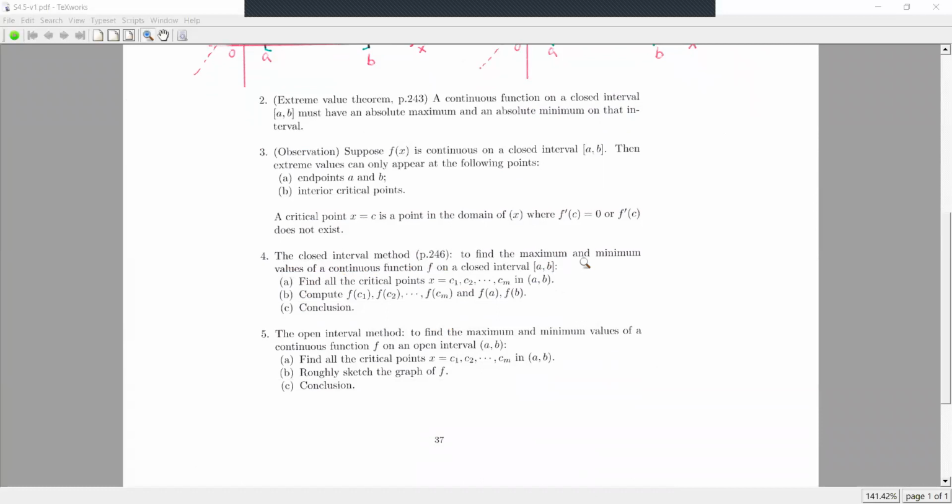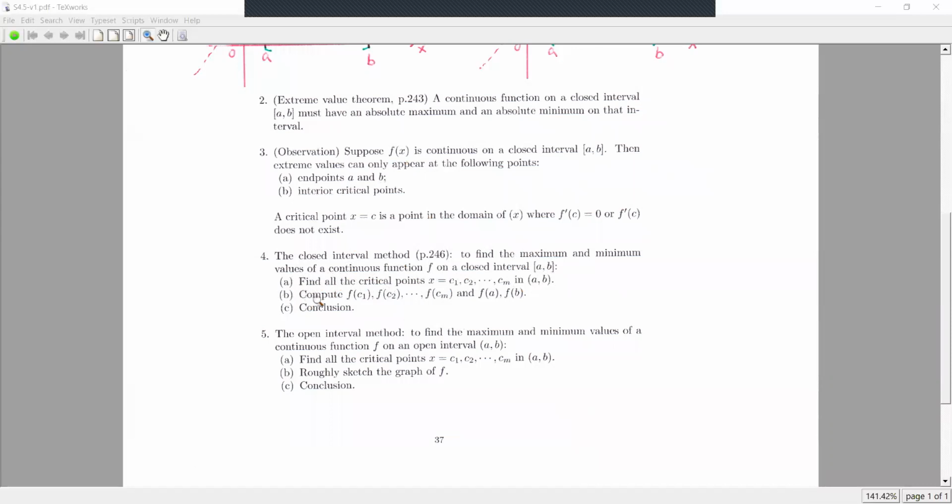To find the maximum and minimum values, here meaning absolute maximum and absolute minimum, of a continuous function on a closed interval, step 1: find all the critical points inside the interval between A and B. Because maximum and minimum can appear at critical points, we find all the critical points.